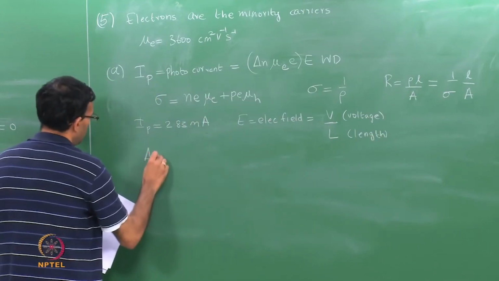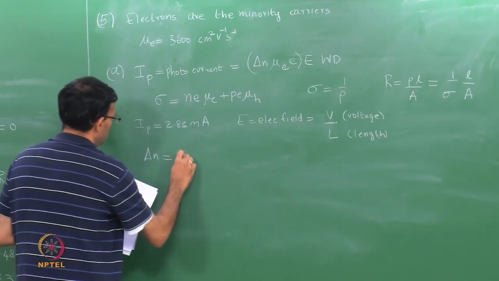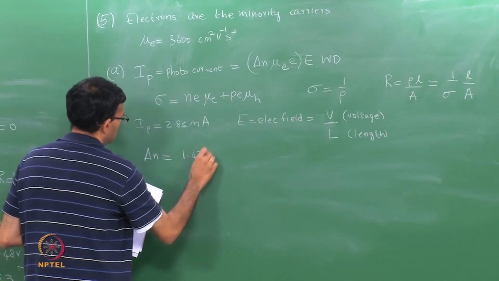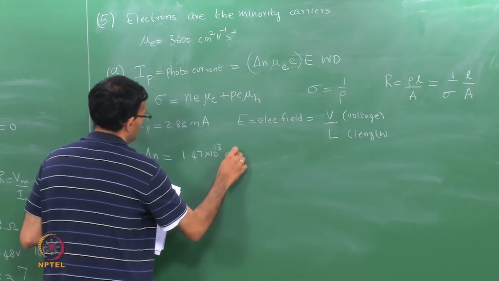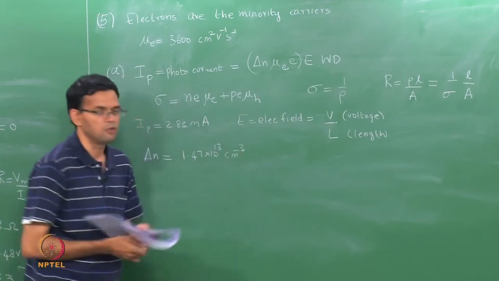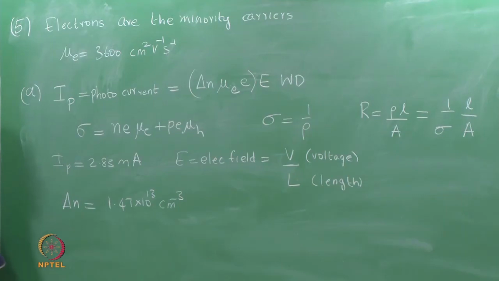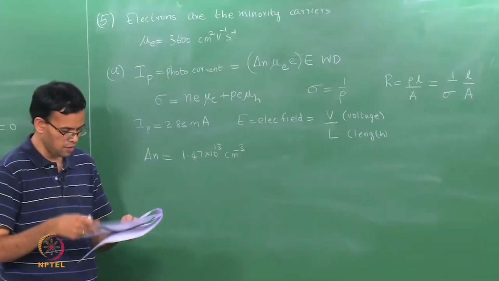So, delta n is 1.47 times 10 to the 13 per centimeter cube. This is the excess electron hole pair concentration that is created when light is shining.